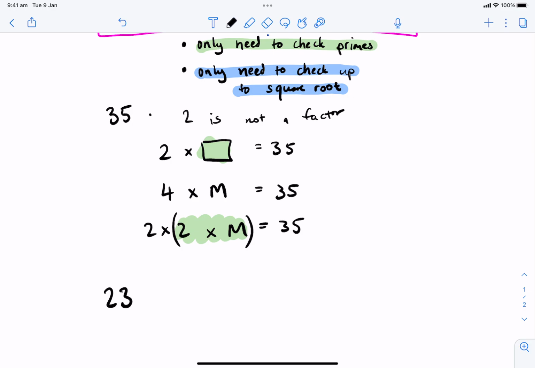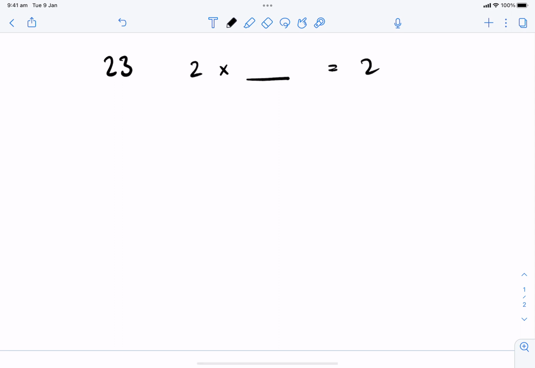But for other factors, I'll check 2 times something equals 23, 3 times something equals 23, and then 5 times something equals 23.